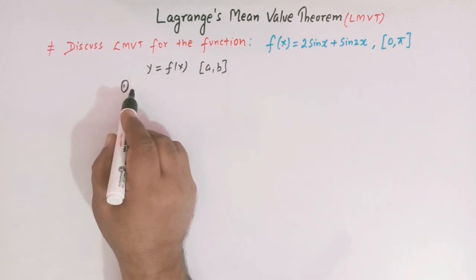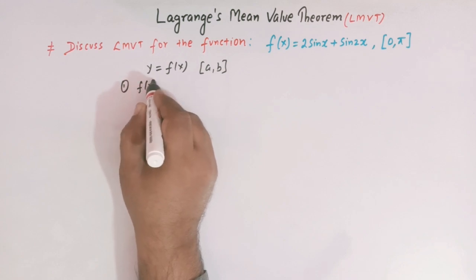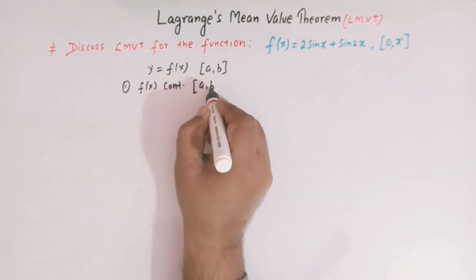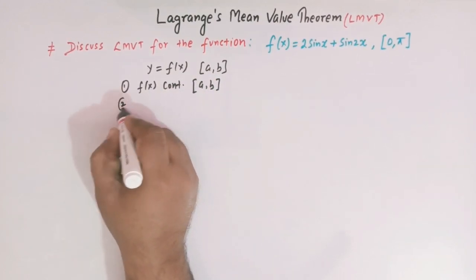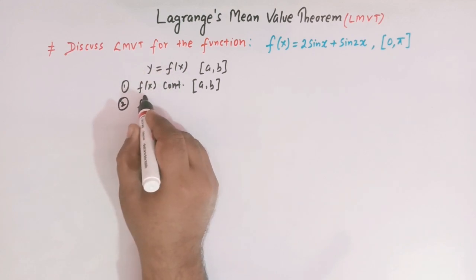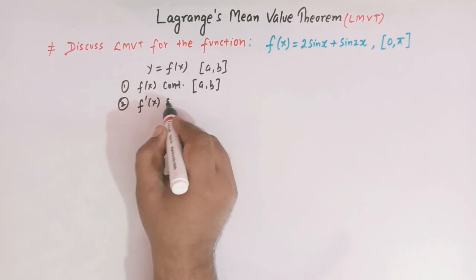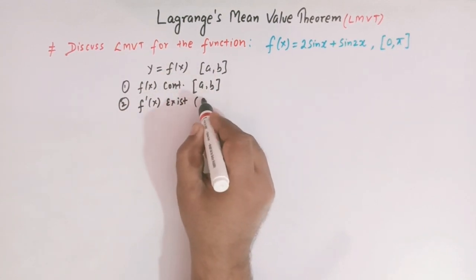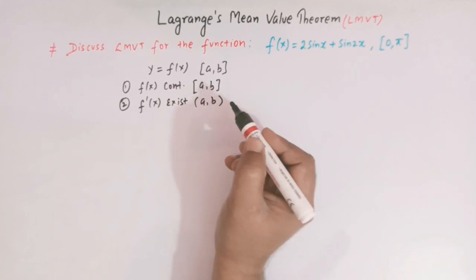The first one is f of x is continuous in the closed interval a comma b, and the second condition is that this function is differentiable, that is f dash x exists, in the open interval a comma b.